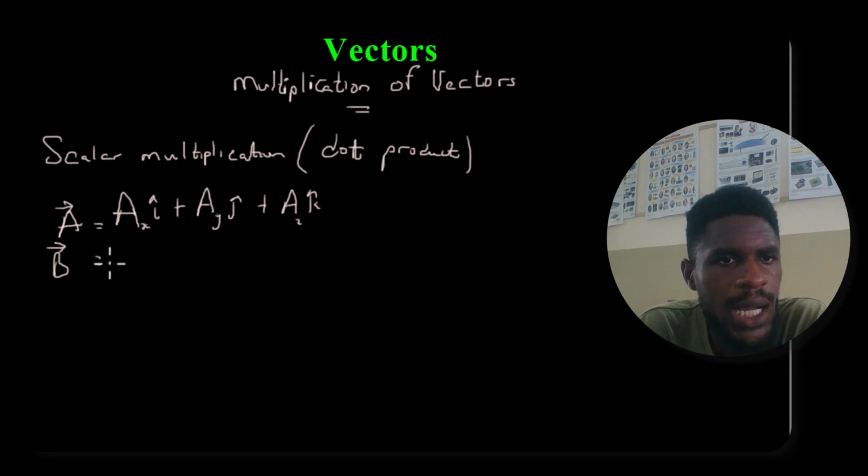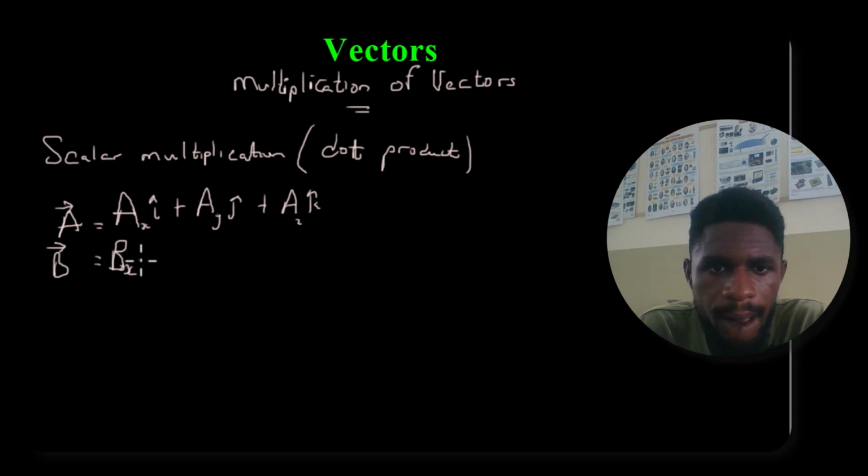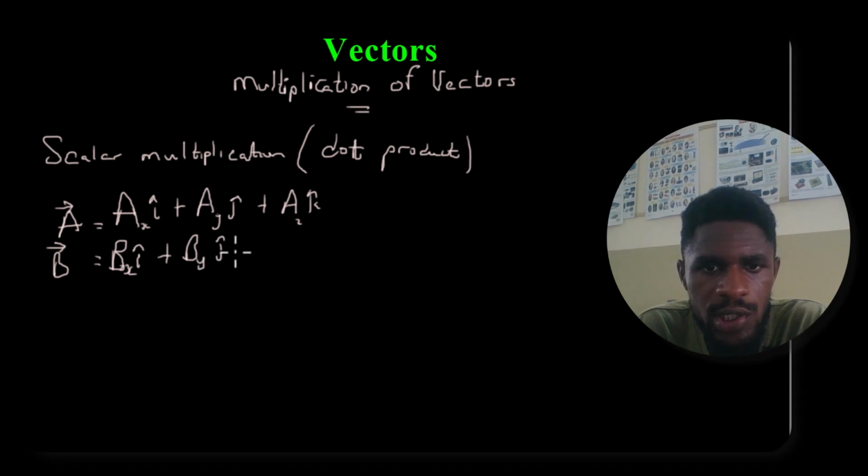B vector can also be written as B_x i plus B_y j plus B_z k.